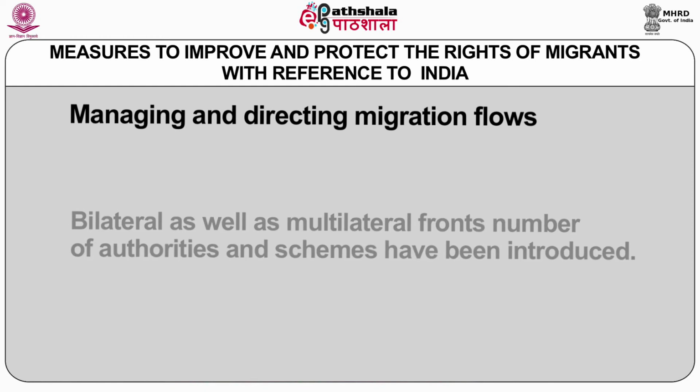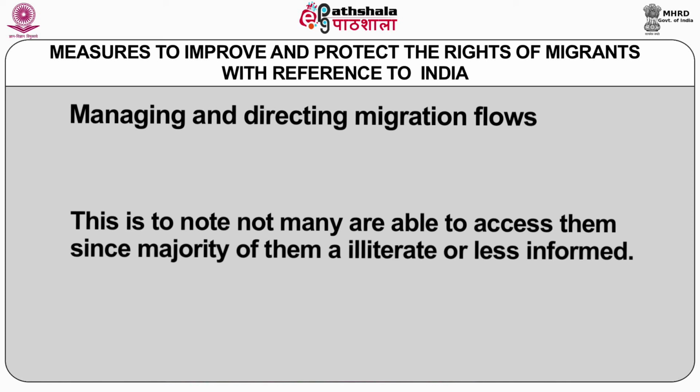This is to note, not many are able to access them since the majority of them are illiterate or less informed. Please look at the following table to get an overview of the government measures taken to protect the rights of the immigrants.